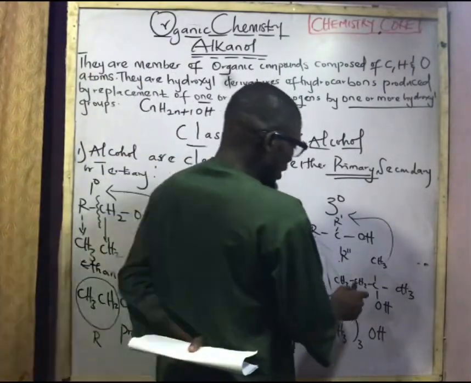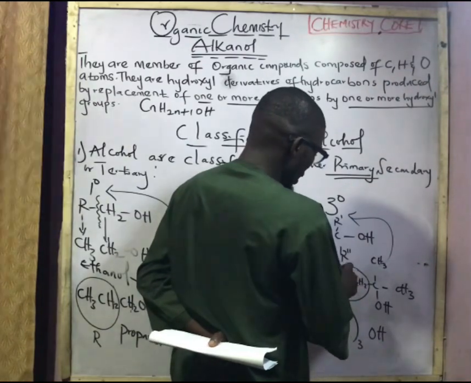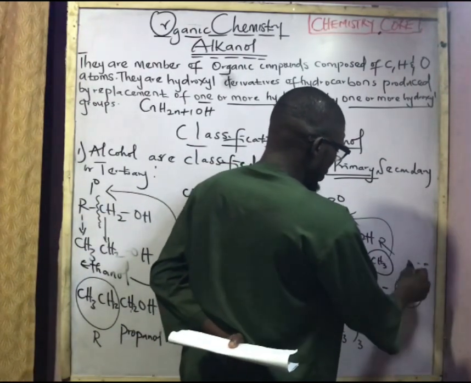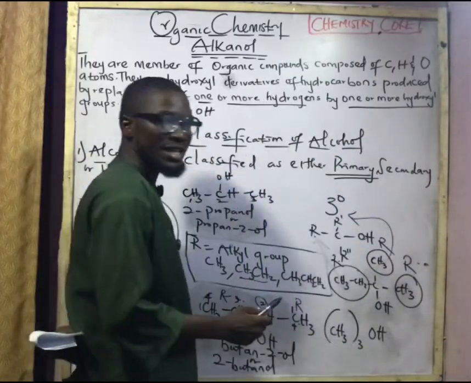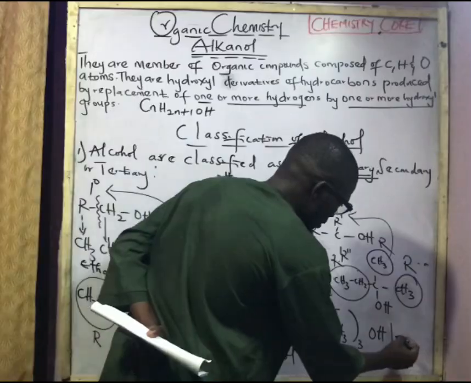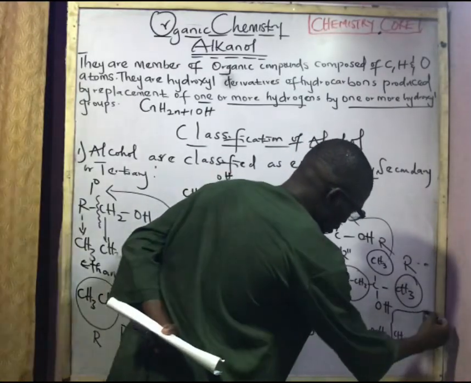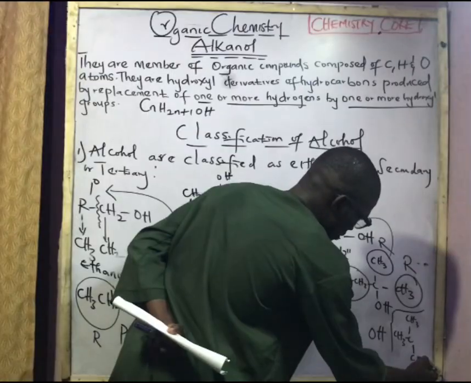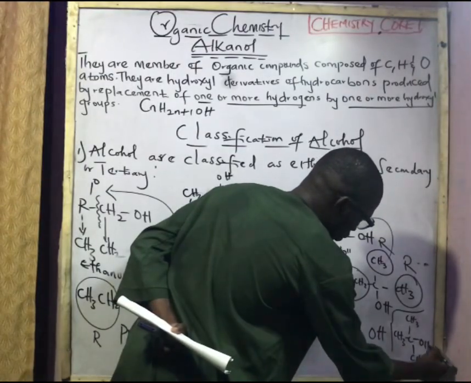So now, if you look at this, we have R here for this. This as well is what? R. This as well is also what? R. So guys, looking at what you have on the board here, for this, you can say we have CH3, C, we have CH3 here, we have CH3 here, and we have OH here.